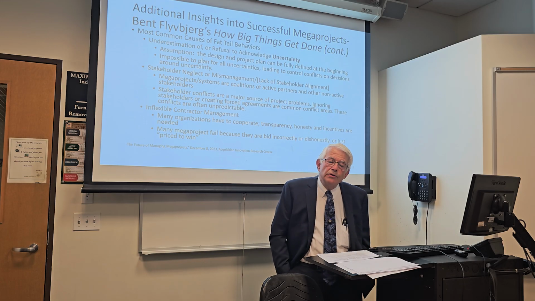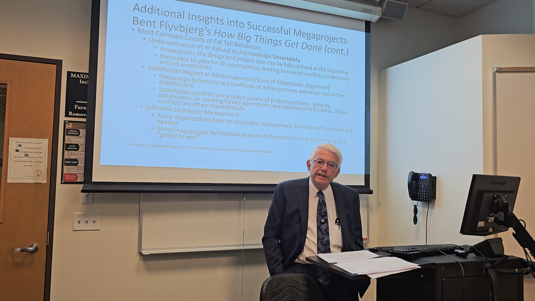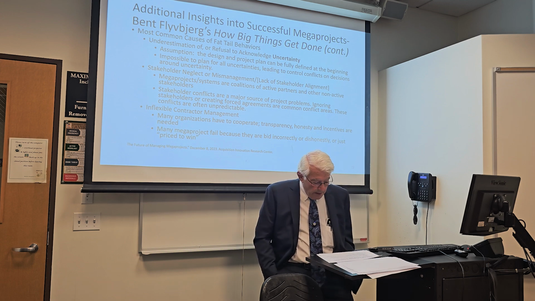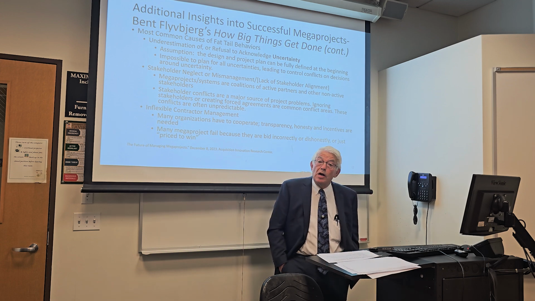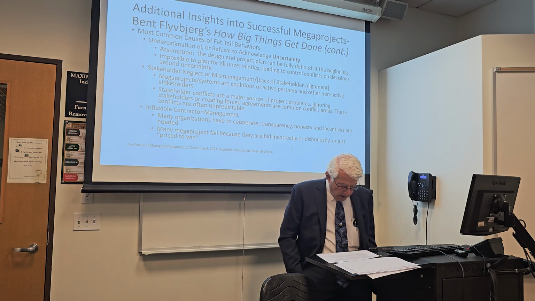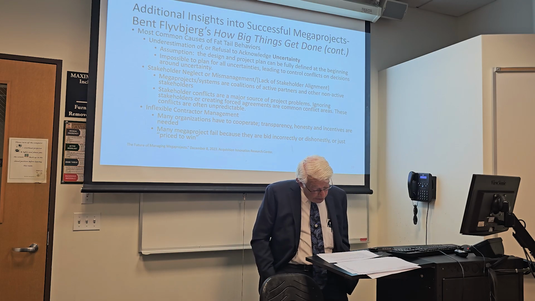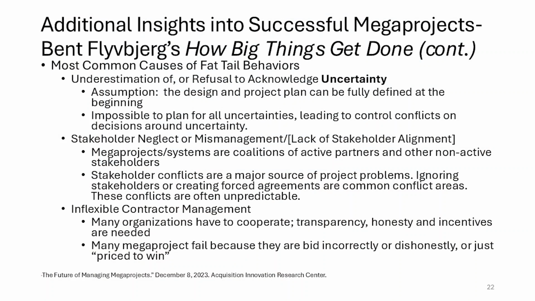If the stakeholders are not working collaboratively together towards a common goal, we have problems, okay? And the project will have problems. And the last, this third one, is inflexible contractor management. Again, there needs to be transparency between the parties, honesty, and often they need to be bid properly. In other words, the bid has to reflect, for example, the extent of the design completion.